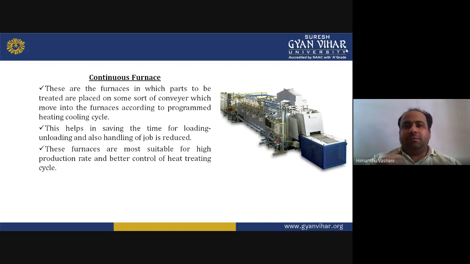And after the particular heating time, it is quenched for the second time to obtain a better material in terms of structure. So the continuous furnace is one of the most commonly used furnaces in the industry nowadays.